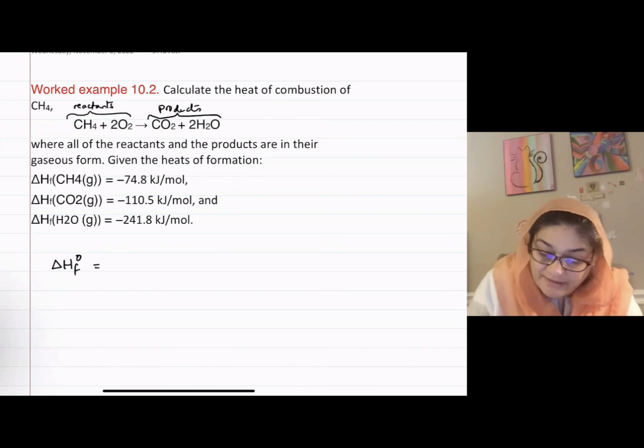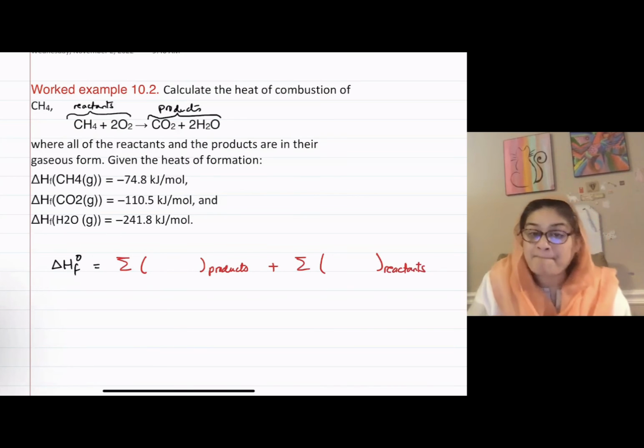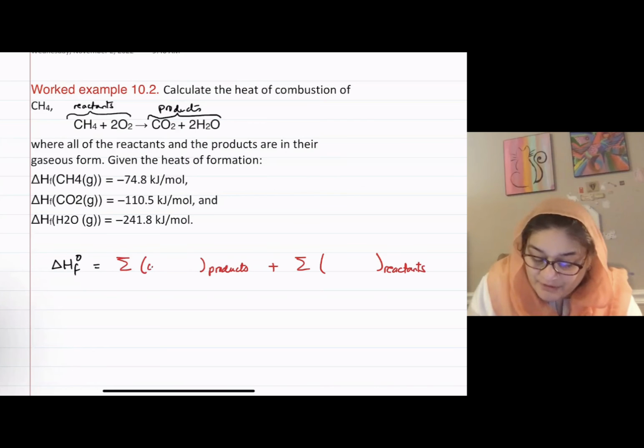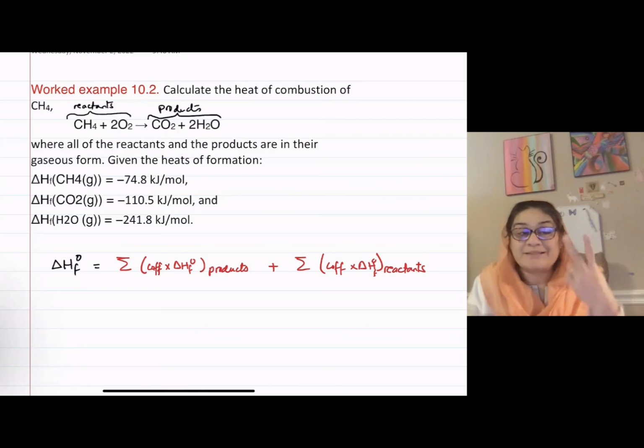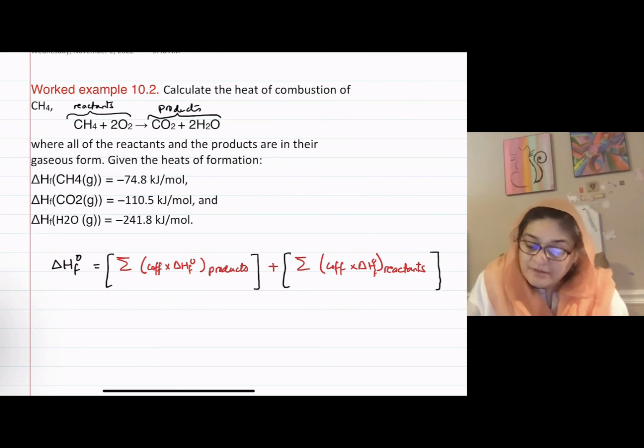I have to find the sum of the products minus the sum of the reactants, where I take the coefficient times the delta HF0 for each. So there are two products and two reactants.